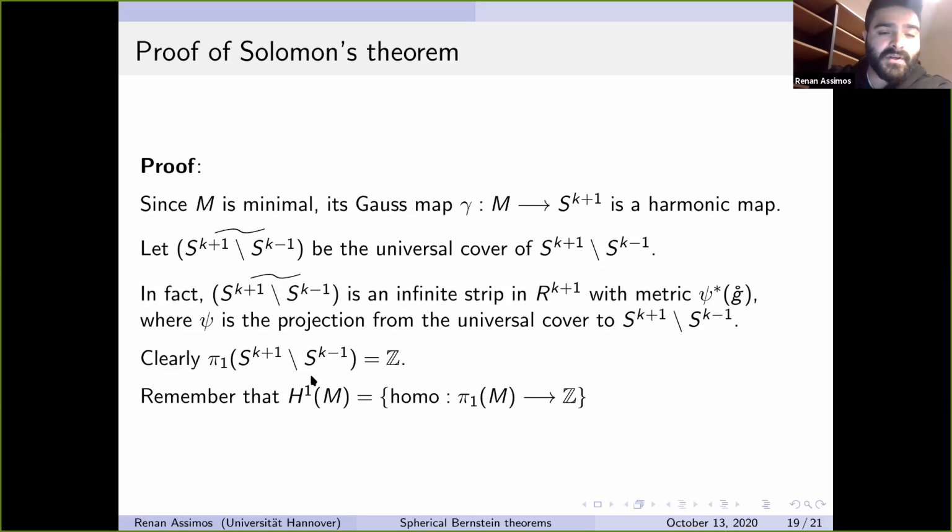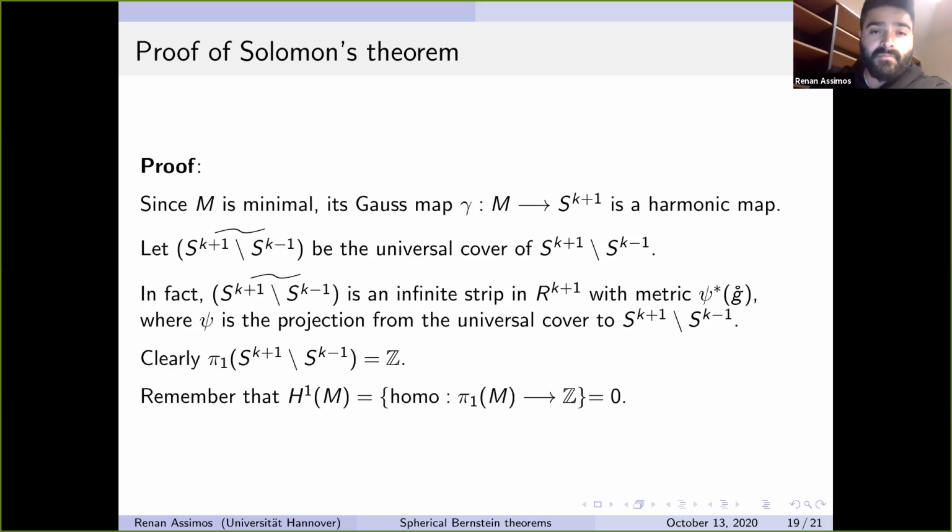And we remember that the first cohomology group in this case can be seen as the set of homomorphisms from pi1 of M into Z, right? But by assumption, H1 of M is 0.